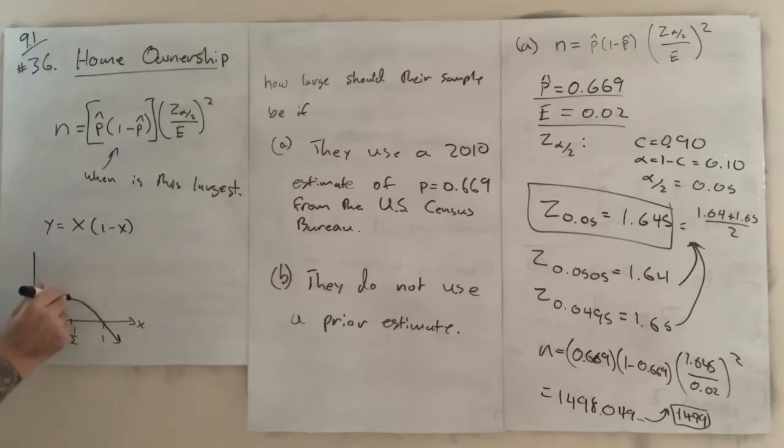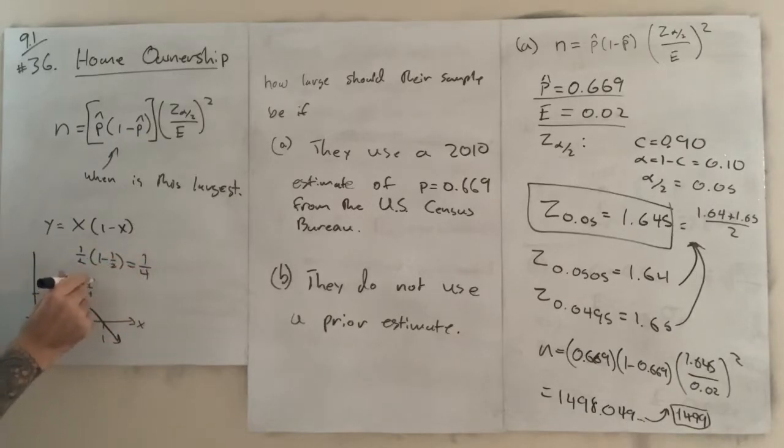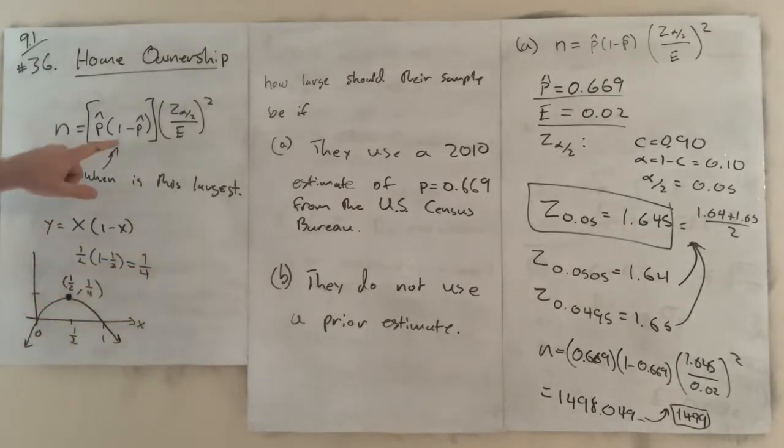And so the highest point here is when x is 1/2, and y is going to be 1/2 times 1 minus 1/2, which is 1/4. And so the largest this thing can be is 1/4.